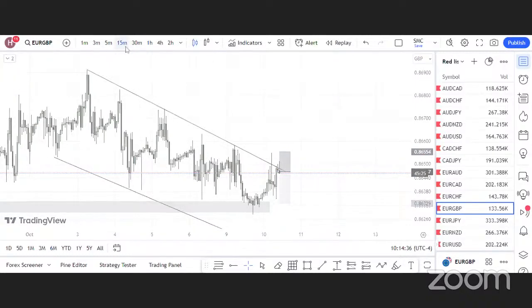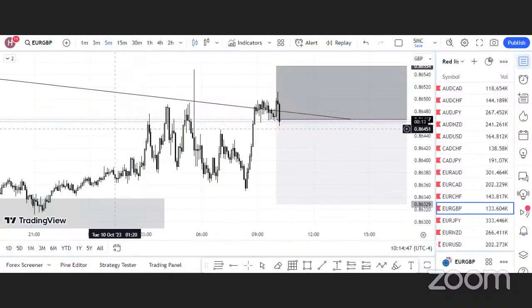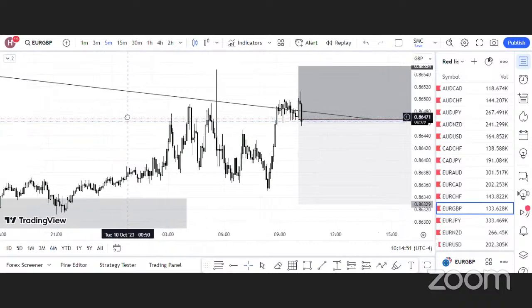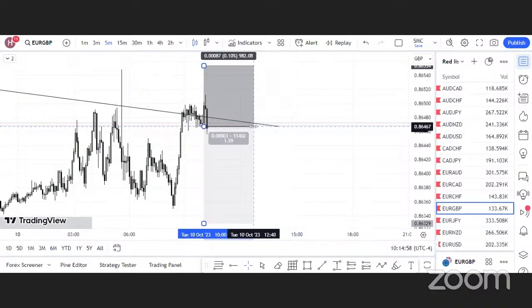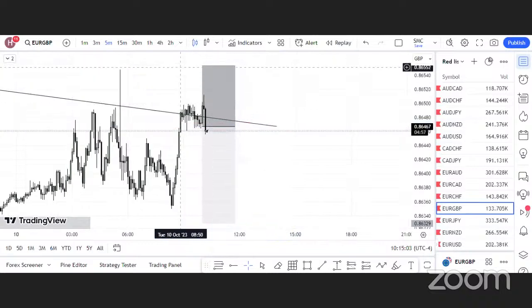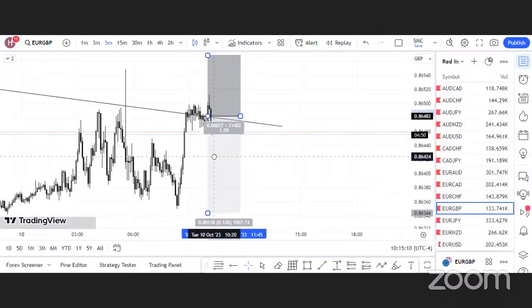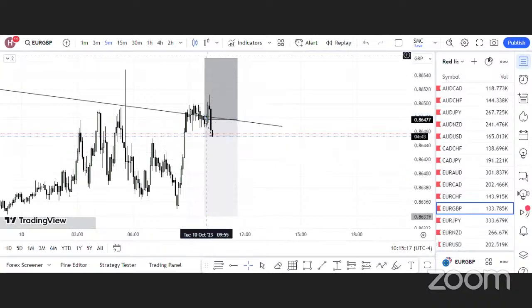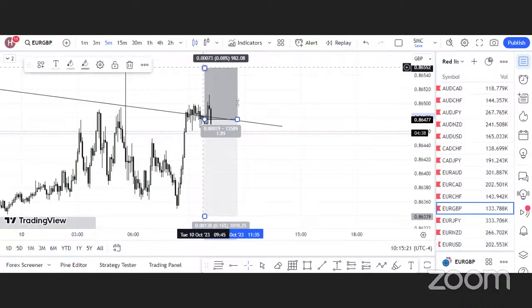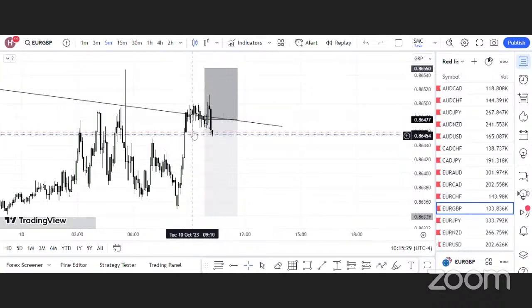Let's go to the lower time frame. So let's see if we are going to get a close of gap.